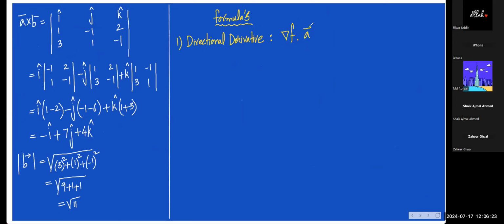Vector a is again given in our question, and I will tell you how to find the magnitude.